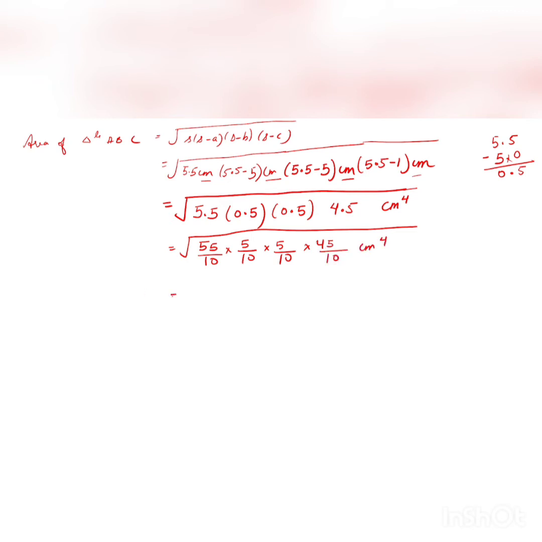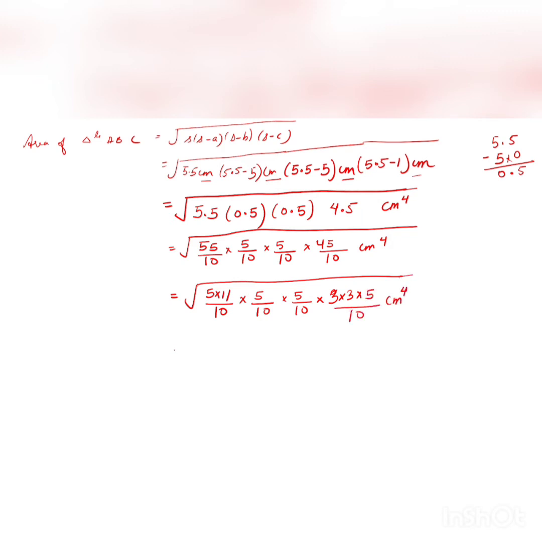Now you look at this. Can I write 55 as 5 into 11 by 10 into 5 by 10 into 5 by 10 into 45? Can I write it as 3 into 3 into 5 by 10 centimeter to the power 4?